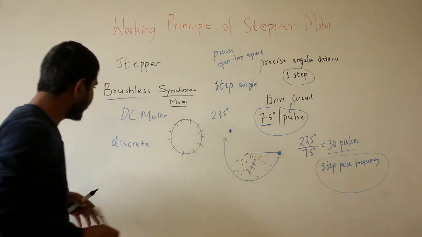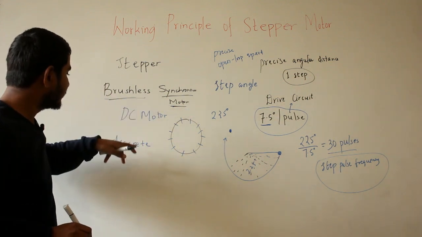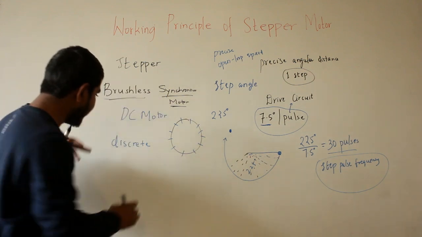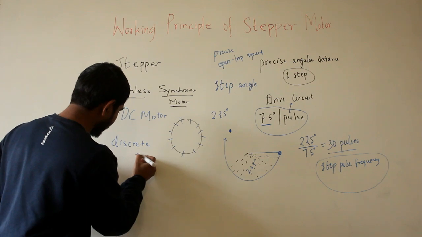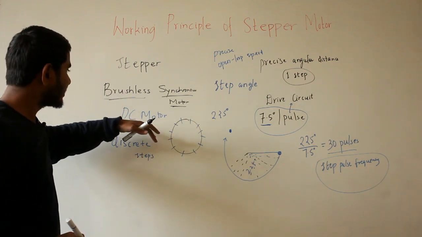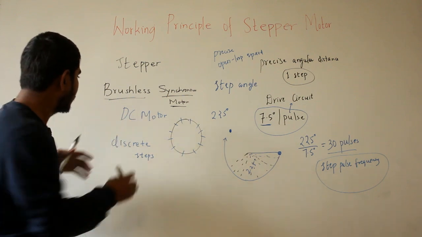This is the main difference you find between the brushless DC motor and the brushless synchronous motor: the brushless synchronous motor rotates in discrete steps, whereas the brushless DC motor has a continuous angular rotation of the shaft.